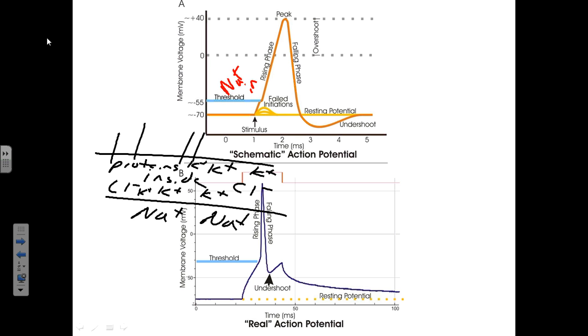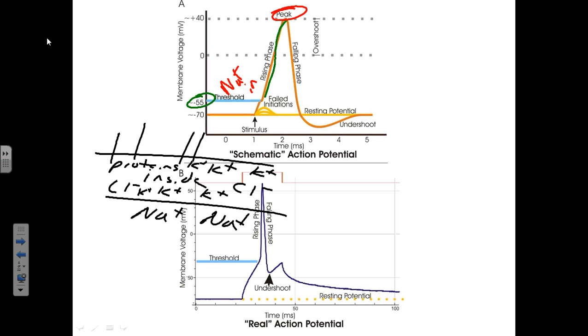Now, if the stimulus is big enough to get that charge up to negative 55, which is called threshold, it's going to go all the way. If there's not enough stimulus to get it up to negative 55, nothing happens. But if it gets the charge up to negative 55 millivolts, the threshold value, more and more sodium rush in, and the charge usually peaks out at about positive 40 millivolts.